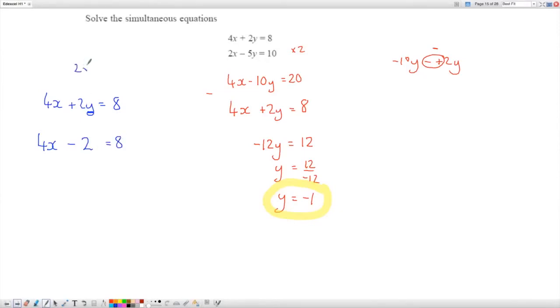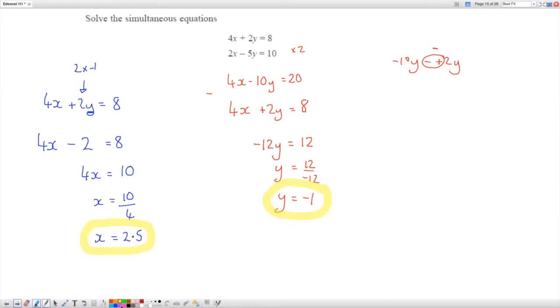Here we have 2 times minus 1 for our 2y, giving us our negative 2. Solving by adding 2, we have 4x equals 10. So x equals 10 divided by 4, which is 2.5. So here we have our second value that we're trying to find, x being equal to 2.5.